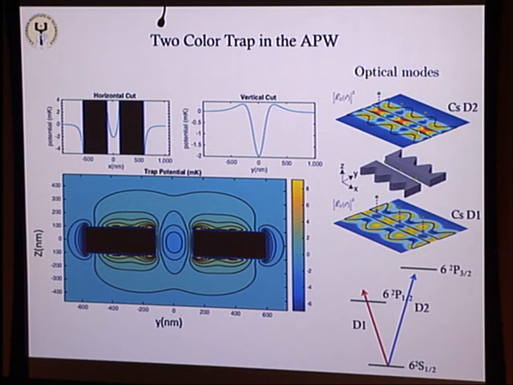So they'll be pushed away from one region and sucked into the other region. And you can calculate using COMSOL, for example, what these traps might look like in different directions. So we have these stable trapping sites at all of these regions within this photonic crystal waveguide.